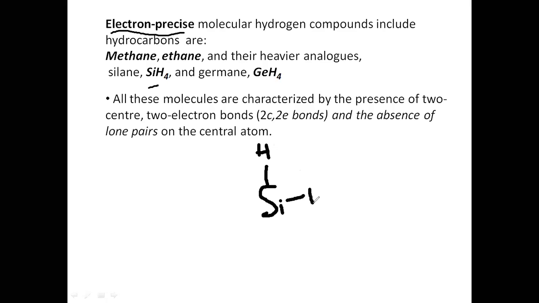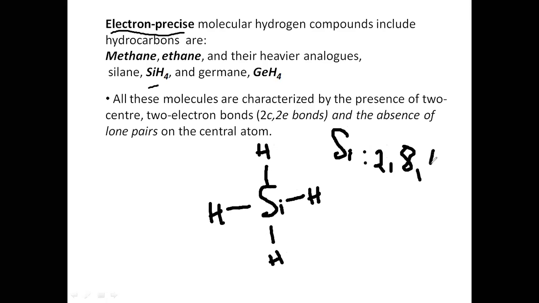If you write the electron configuration of selene, it is 2, 8, 4.